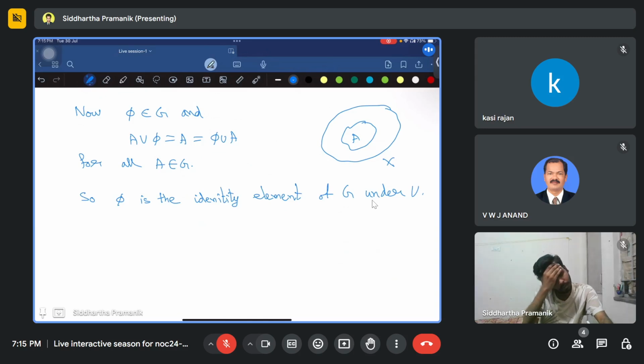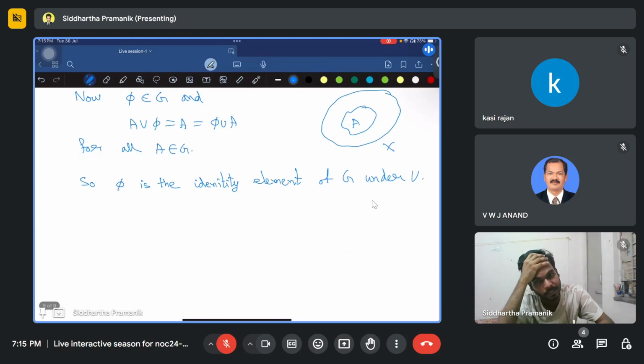Before doing the third property, let's see the fourth property, which is the associativity of the operation. Here the operation is union of sets, right?